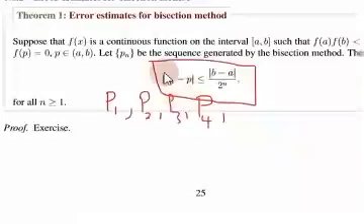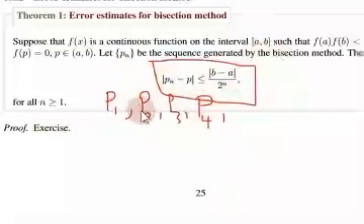Then we used this theorem. These are midpoints: the initial midpoint, the second midpoint, the third midpoint. We divide the interval [a, b] into small sub-intervals, and these are the midpoints of those intervals.